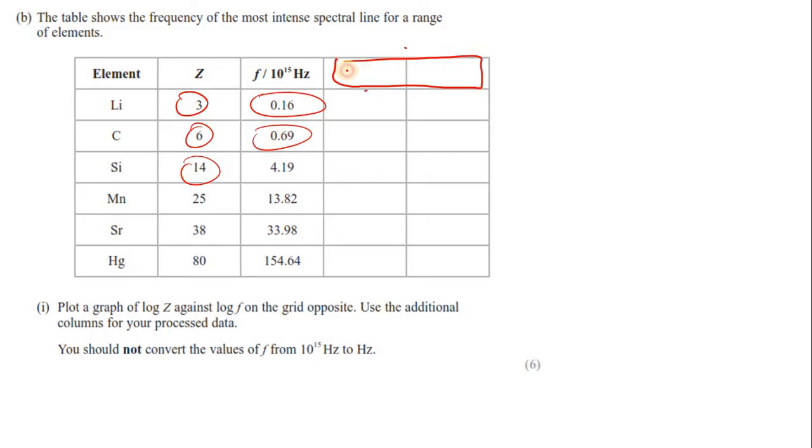Do not forget to write headings along with the unit if there are any. In the first column, because this is atomic number, there is no unit, but here you have the unit hertz, so do not forget that.